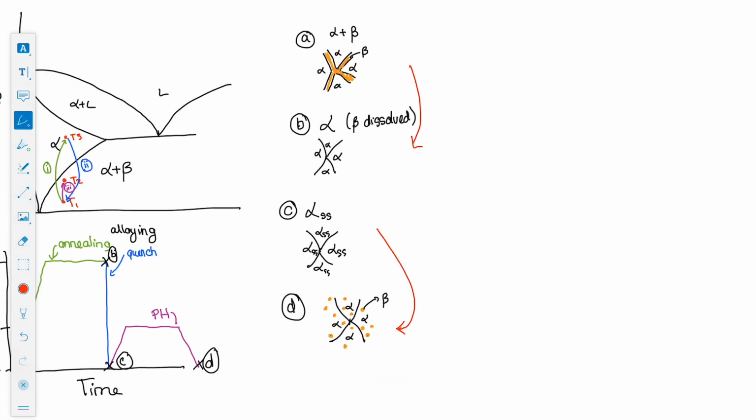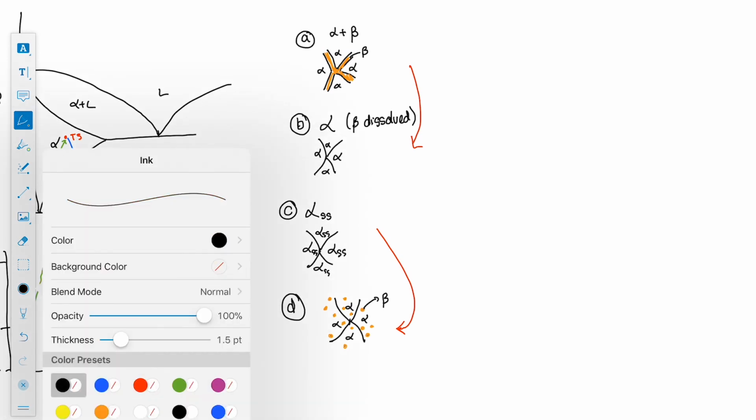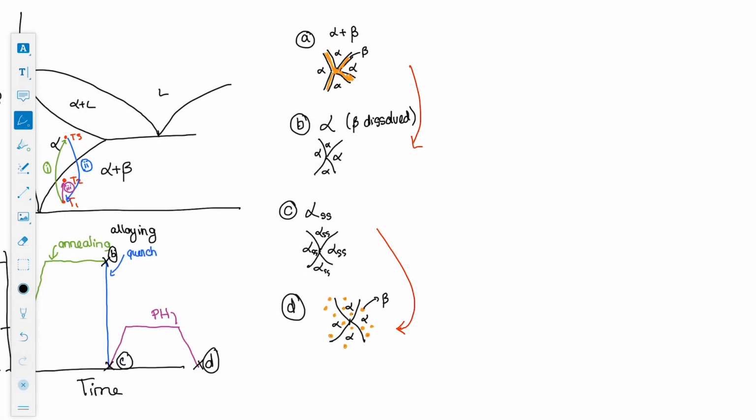So what are the actual changes in material properties that we should see? What we say is that, I'll write it out here, dislocations are often the dominant carriers of plasticity.